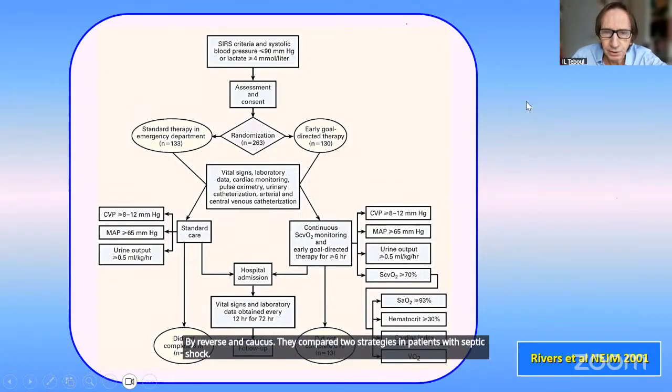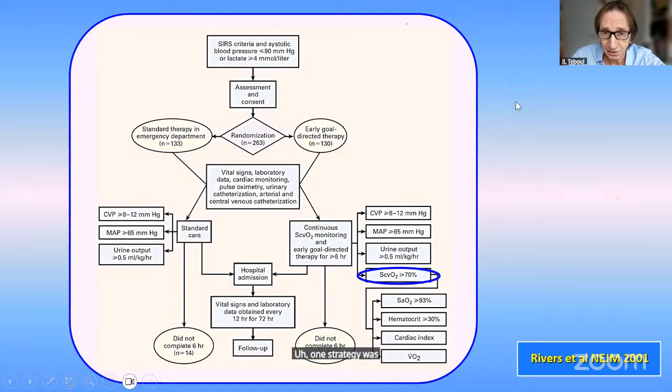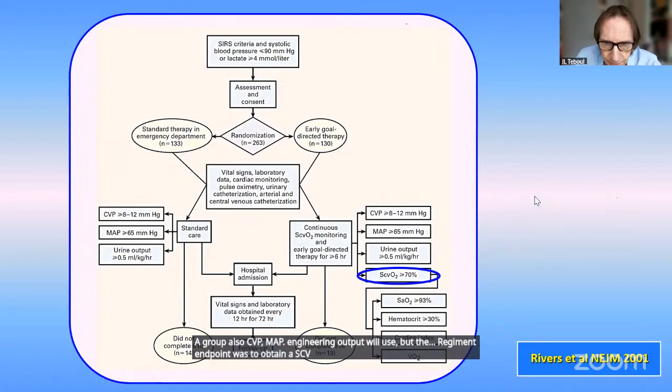One strategy was based on ScvO2, with the endpoint ScvO2 above 70%, and the other strategy was based on CVP, MAP, and urine output. In the early goal-directed therapy group, CVP, MAP, and urine output were also used, but the ultimate endpoint was to obtain an ScvO2 above 70%.